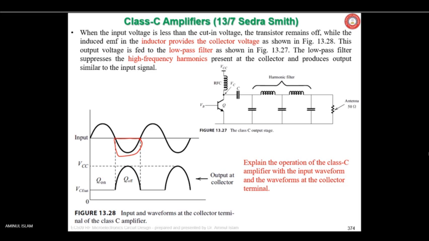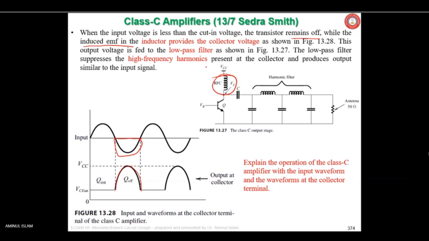While the transistor is off, the induced EMF in the inductor provides the collector voltage, which is shown here at the output.